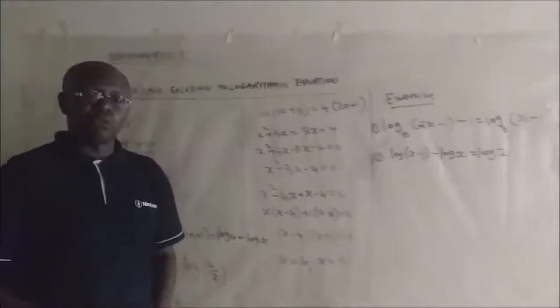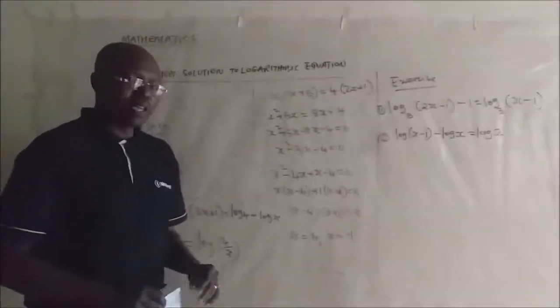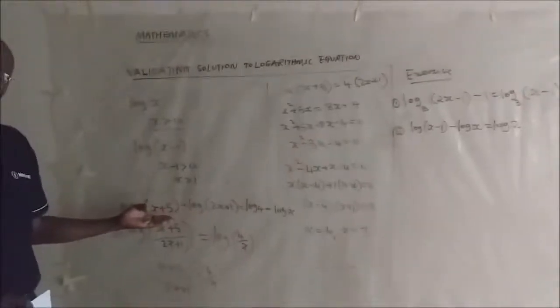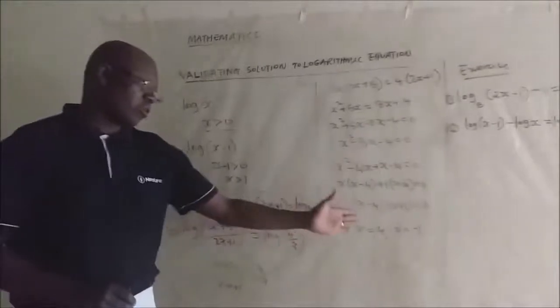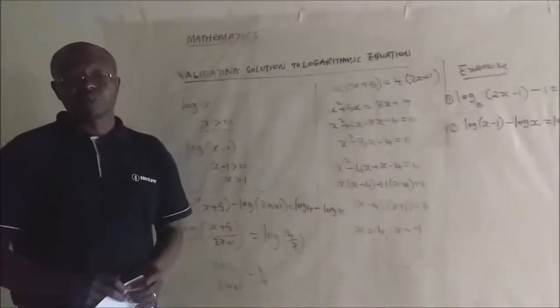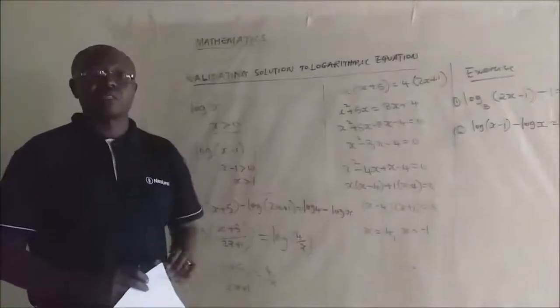We are not so sure whether both values will satisfy our equation. We are not so sure whether only one value will satisfy the equation. We are not sure whether we will reject both values.